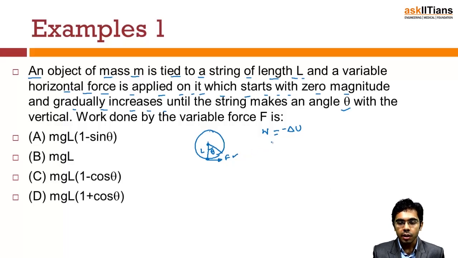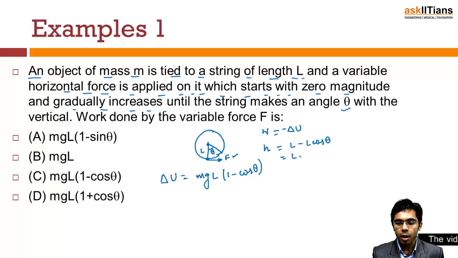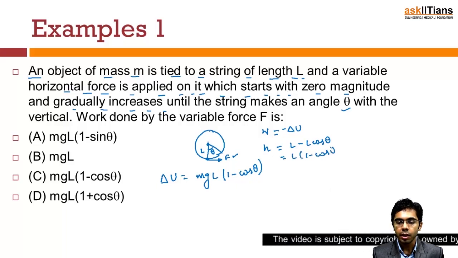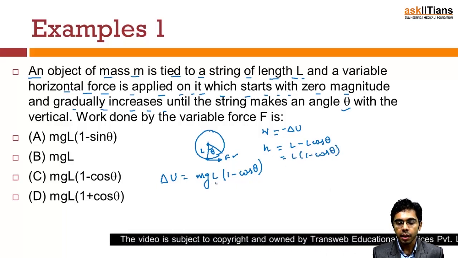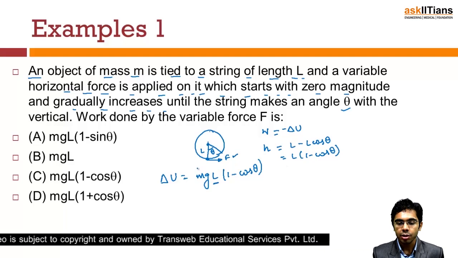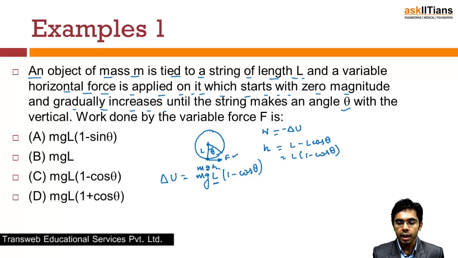So what will be the change in the potential energy? It will be equal to mgL(1 minus cos theta). In this case, h comes out to be L minus L cos theta, so I have substituted L(1 minus cos theta) in place of h in mgh.